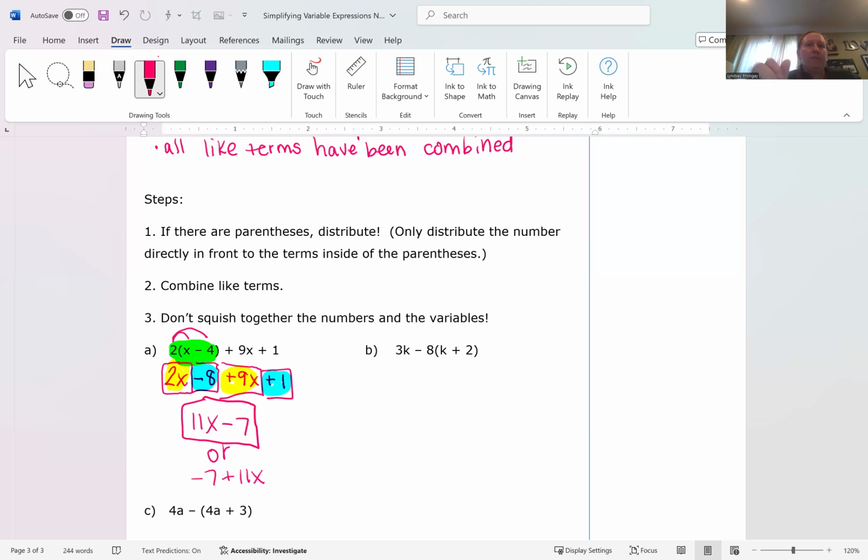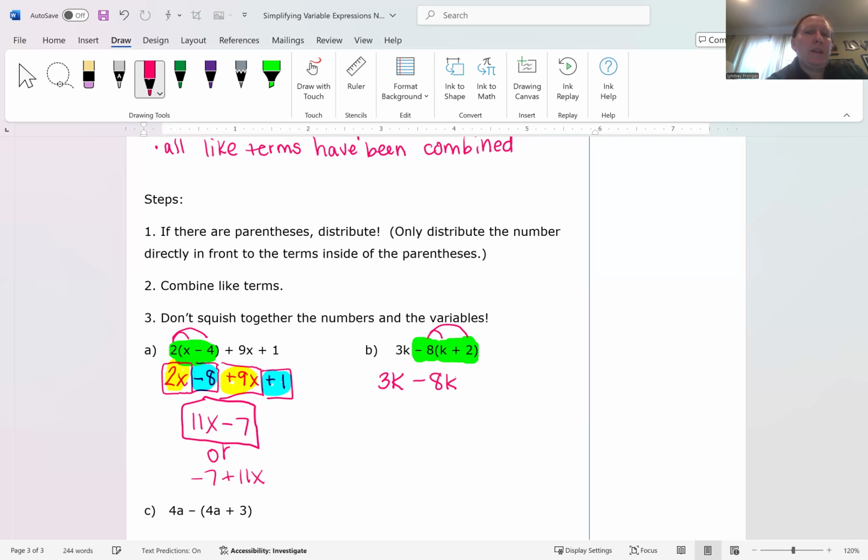In the next one, we have to be careful because we see parentheses and we see an 8 in front of there, but it's not just an 8, it's a negative 8. So we are going to distribute a negative 8 to both things inside. I'm not using my 3k yet, so that just comes down. Negative 8 times k is negative 8k.